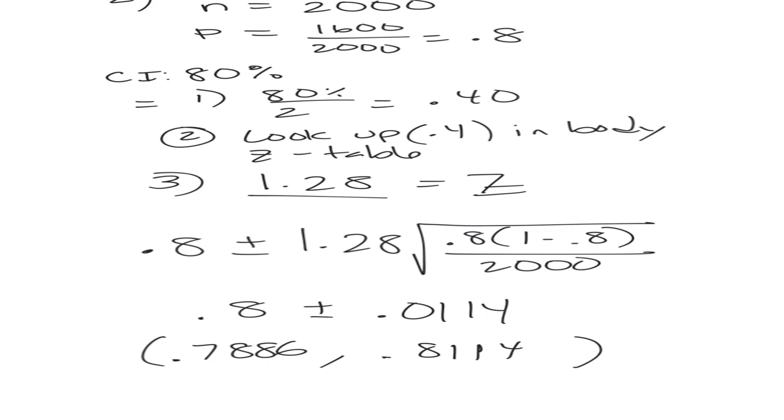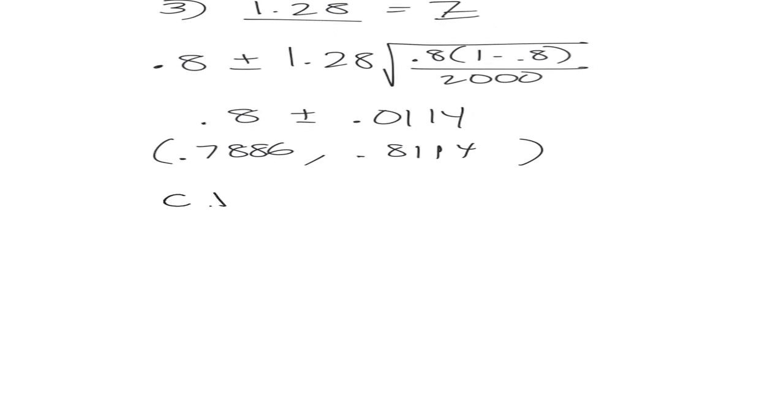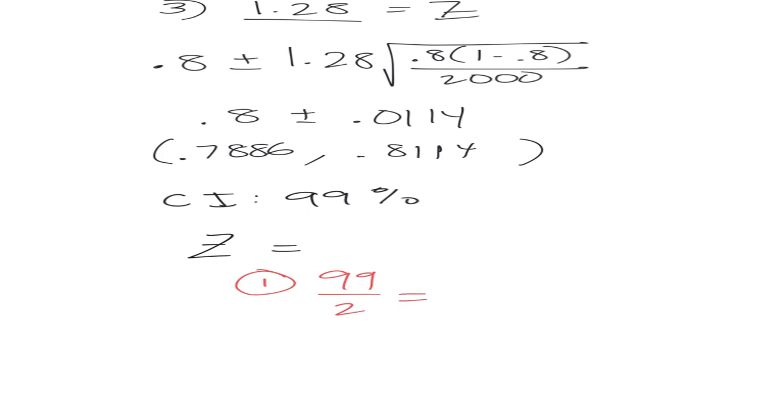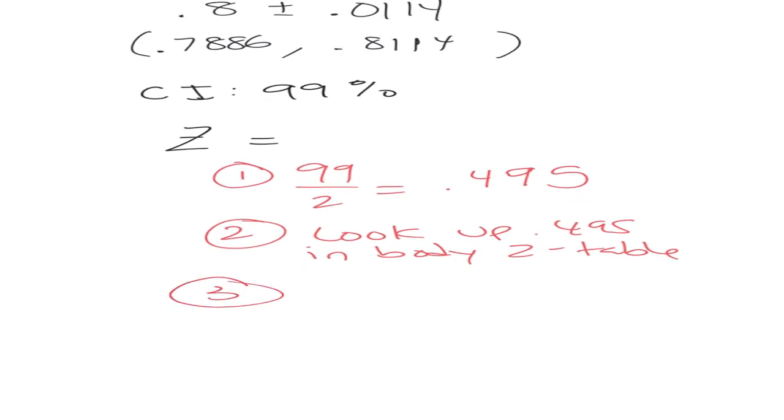Now let's build our 99% confidence interval. What we need here is a new z-value. Let's follow our process: 99% divided by 2, we get 0.495. Step 2, we look up 0.495 in the body of the z-table, and we get a value of z equals 2.58.